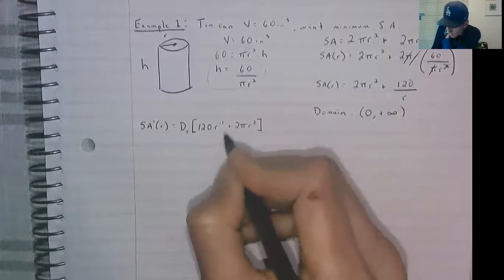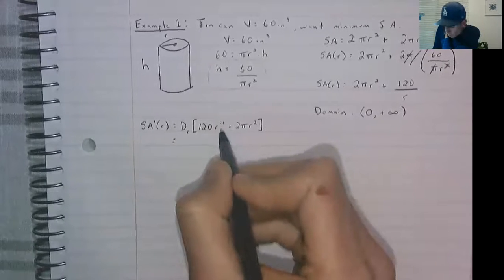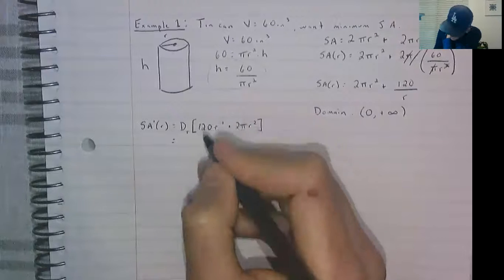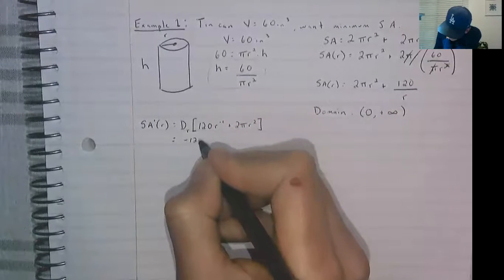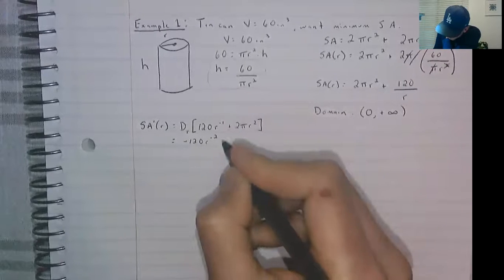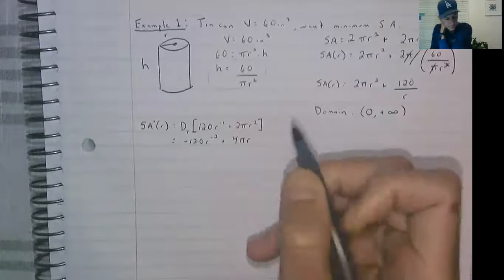And we're going to differentiate this with respect to R. So we'll drop down this -1, which will give us negative 120 R to the negative second. Here, power rule again gives us 4 pi R.